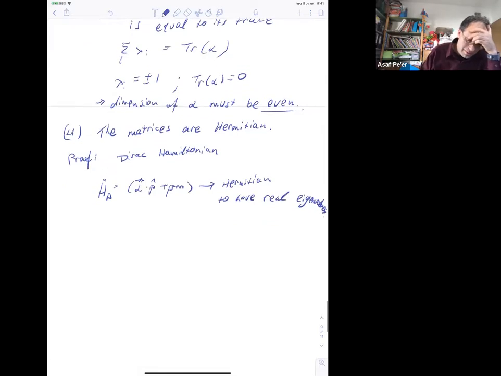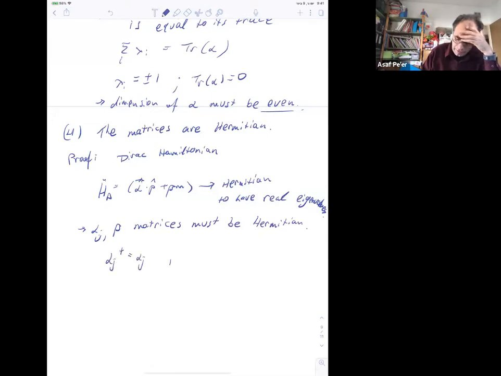So the alpha_j and beta matrices must also be Hermitian: alpha_j dagger equals alpha_j, and beta dagger equals beta. I'm not speaking gibberish, right? You all know what I'm talking about when I speak of Hermitian matrices, yeah?